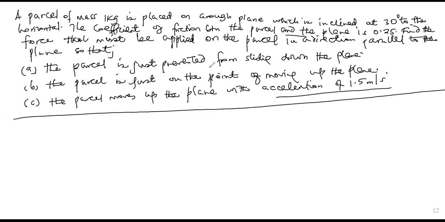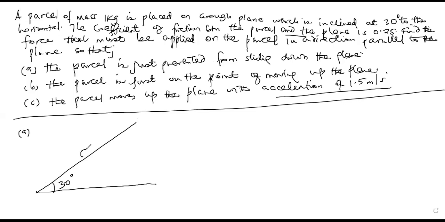For A, when the parcel is just prevented from sliding down, I want to first show you the sketch. Let the force that prevents the body from sliding down the plane be P. That should be your introduction. The angle of inclination is 30 degrees.